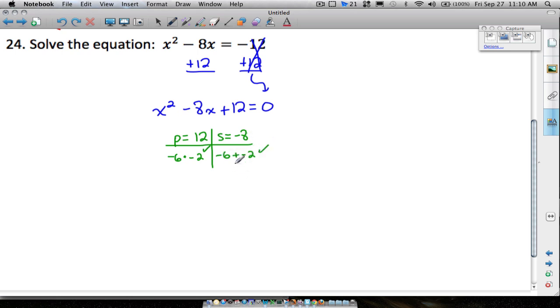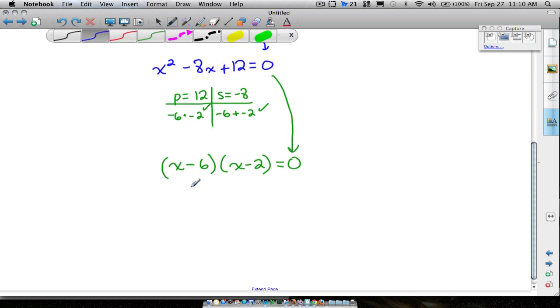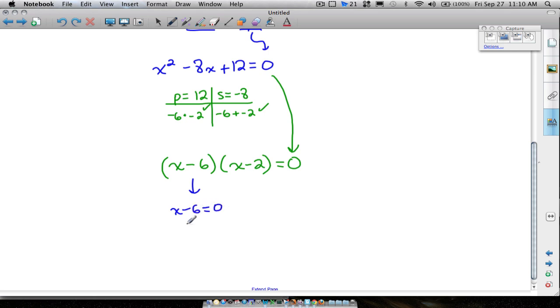This is not a bottoms-up problem because we have that understood 1 in front of x squared, so we can go straight to our factors. x minus 6, x minus 2, based on the two numbers that we found up here, and this is still equal to 0. And from here, let's set each one of these factors equal to 0 to solve this. So x minus 6 equals 0. Solving that equation, you get x equals 6. There's one of our answers. And the other answer, set this factor equal to 0.